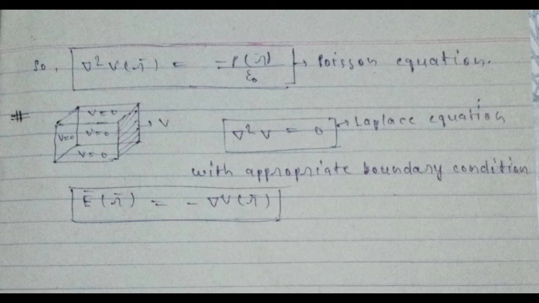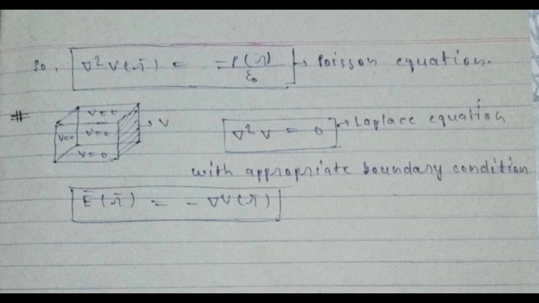Then I will be solving, there is no charge density inside, del square V equal to 0 with appropriate boundary conditions, and this is known as the Laplace equation. So the electrostatic potential either satisfies Poisson's equation if there is charge density, or Laplace's equation. Or you can just write one equation: if rho(r) equals 0, it goes over to Laplace's equation, and then solve with the appropriate boundary conditions, and you get your answer.